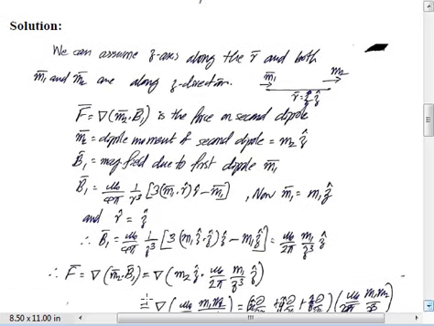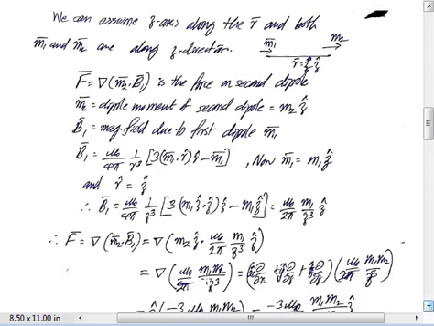Now F is equal to del of m2 dot B1, that is equal to del of m2 z cap dot B1, which is mu 0 by 2 pi m1 by z cube into z cap. So that is equal to del of mu 0 by 2 pi m1 m2 by z cube, since z cap dot z cap is 1.